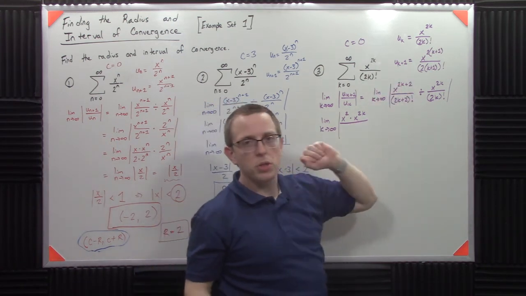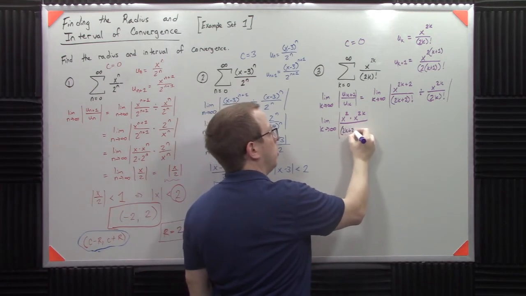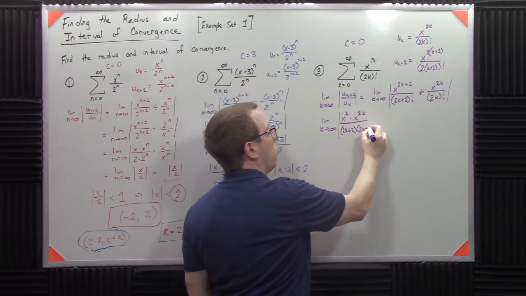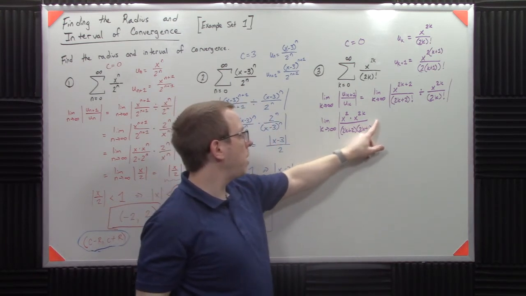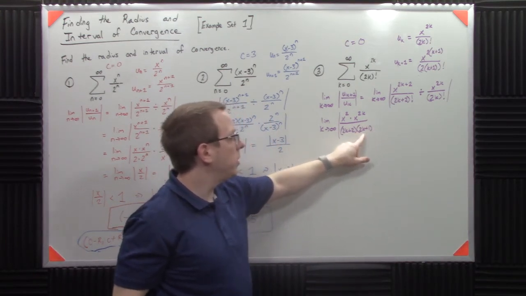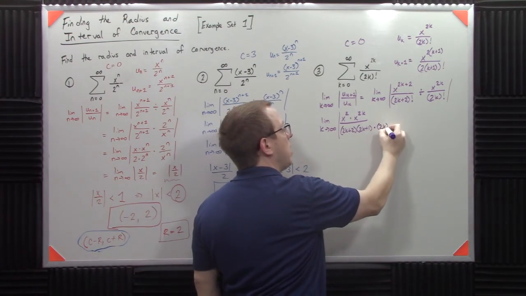Now, (2k plus 2) factorial is the same as (2k plus 2) times (2k plus 1) factorial, right? We can always step down. And (2k plus 1) factorial is the same as (2k plus 1) times (2k) factorial.